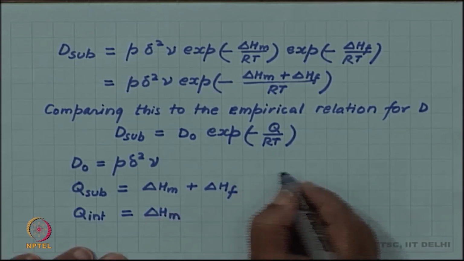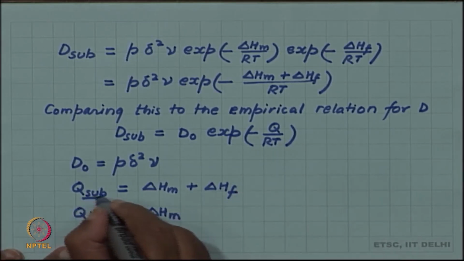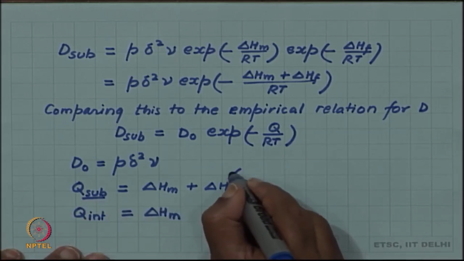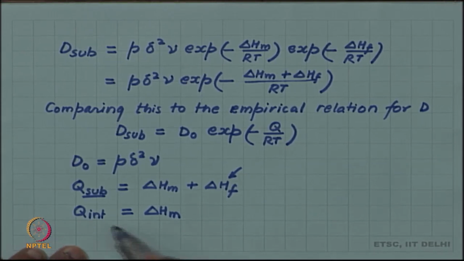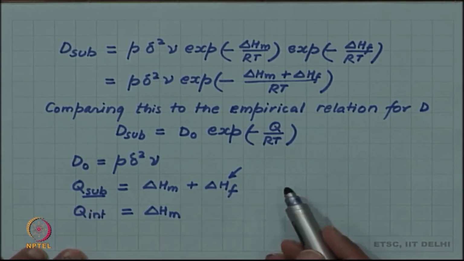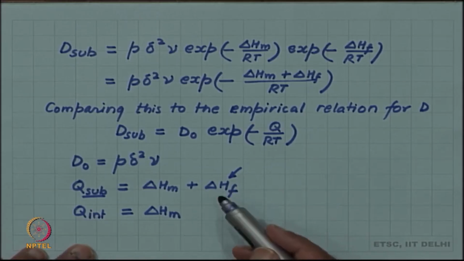So, because substitutional diffusion requires vacancy, you need an enthalpy of formation of vacancy for Q sub, but there is no such requirement for interstitial diffusion. So, activation energy for substitutional diffusion is higher, and is higher by delta H f.